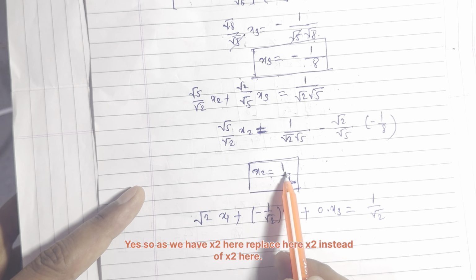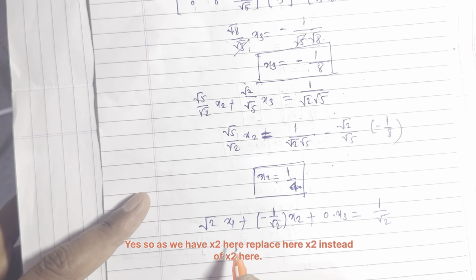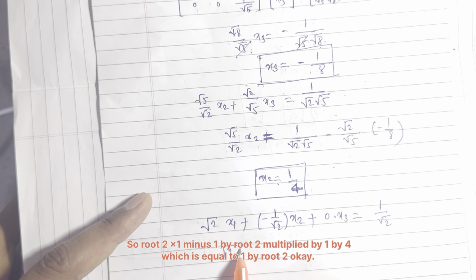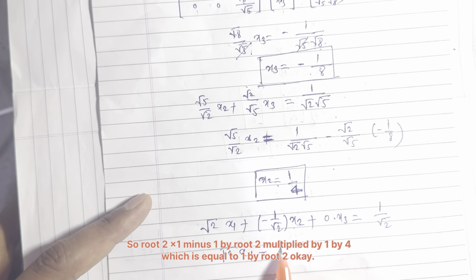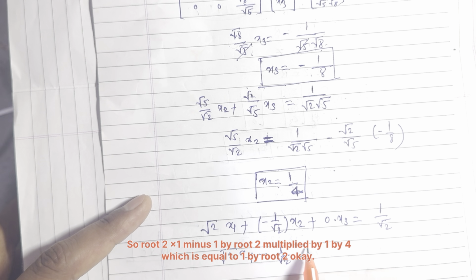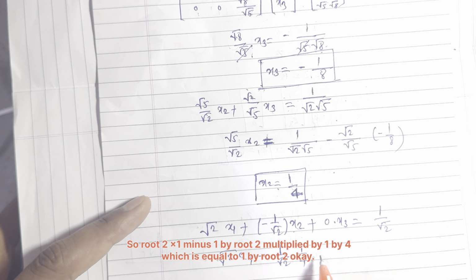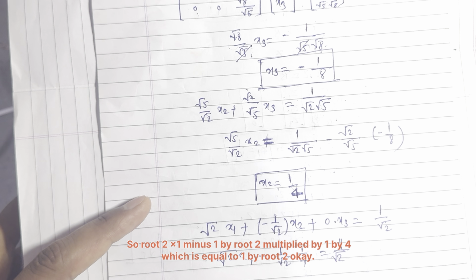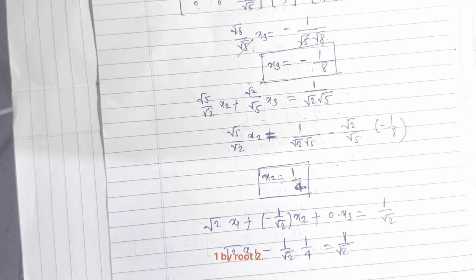As we have x2 here, replace x2 here: root 2 x1 minus 1 by root 2 multiplied by 1 by 4 is equal to 1 by root 2.